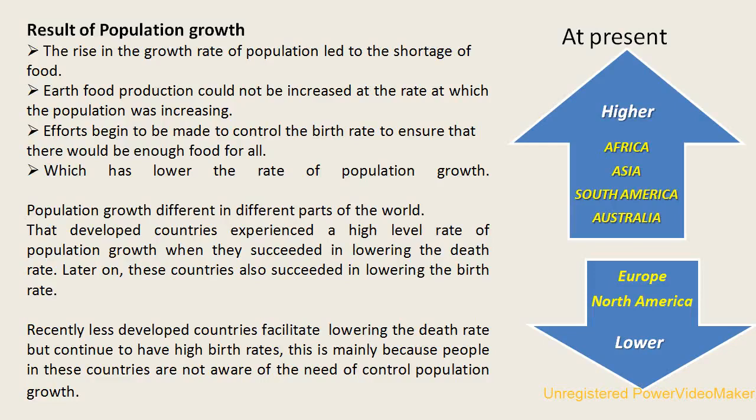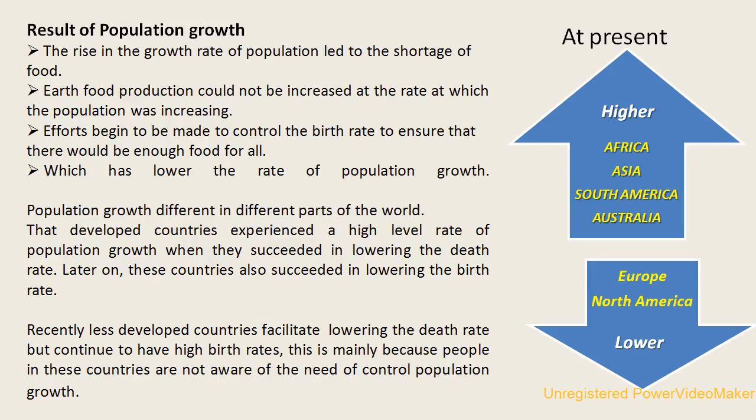So, the result of population growth. What happened when the population increased? The rise in the growth rate of population leads to a shortage of food. Earth's food production could not be increased at the rate at which the population was increasing.